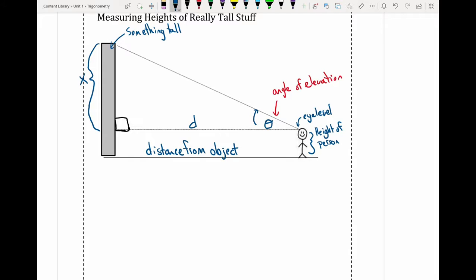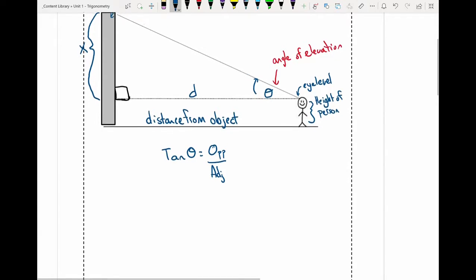If we were to label the sides of this triangle, we would have our opposite and our adjacent. And if you remember the formula or the ratio that deals with opposite and adjacent, tan. We have tan theta equal to our opposite over adjacent. That's our formula.